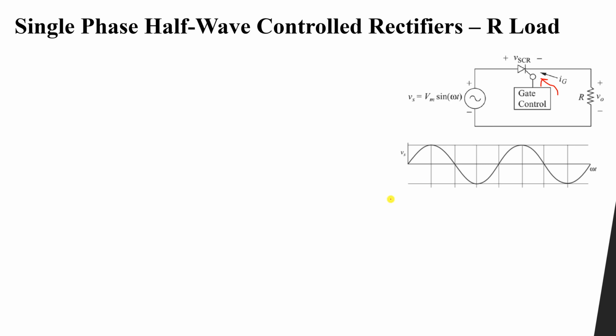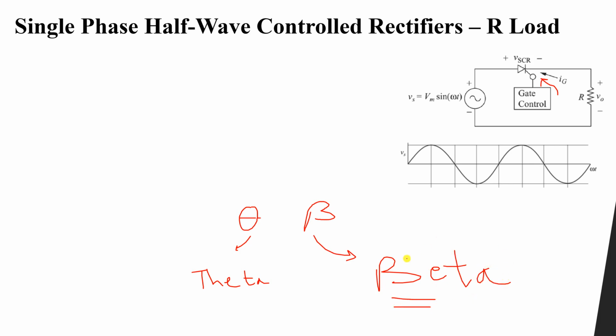Now before we continue this lesson, I would like to mention something important. Remember these symbols, this one and this one. This is not related to the course at all, but it is related to the pronunciation of these Greek symbols. In the British pronunciation, this one is pronounced as theta, and this one as beta.